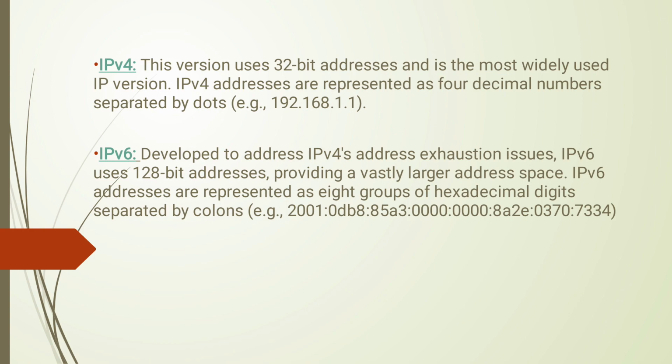IP version 6 addresses are represented as 8 groups of hexadecimal digits separated by colons. IP version 4 has 4 decimal numbers, and IP version 6 has 8 groups of hexadecimal digits, and version 4 is separated by dots but version 6 is separated by colons. Here you can notice the differences.